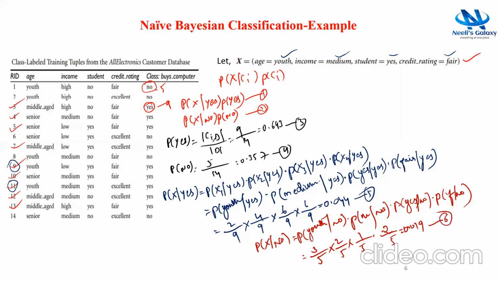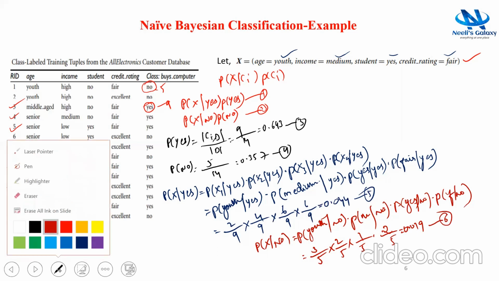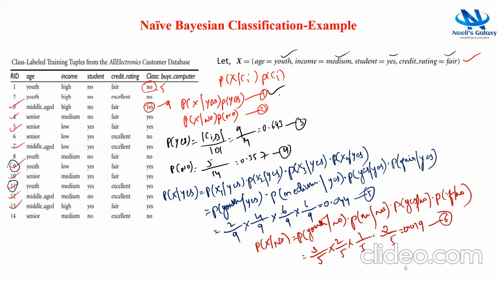So now we actually need the values of 1 and 2. We need the values of 1 and 2. From the equation 1, 1 can be obtained from the values 3 and 5, right? From the values 3 and 5. So what is meant by 1?